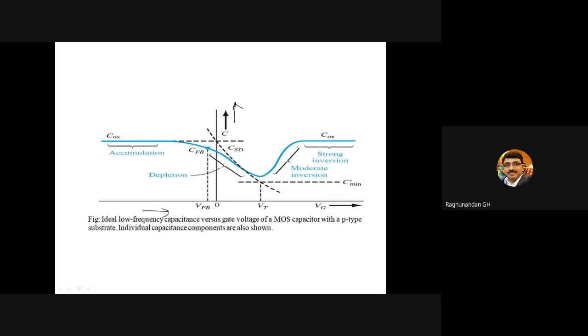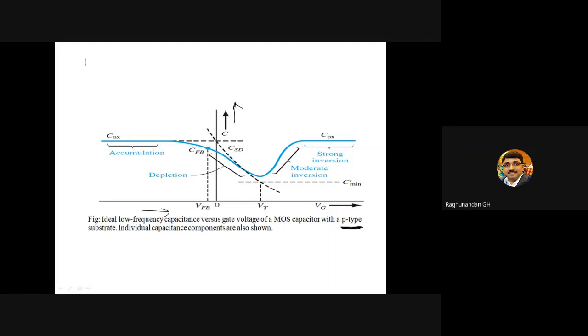We have considered P-type. In P-type, what kind of gate voltage should be there? Positive or negative voltage will apply.